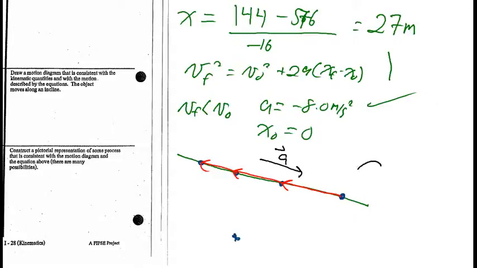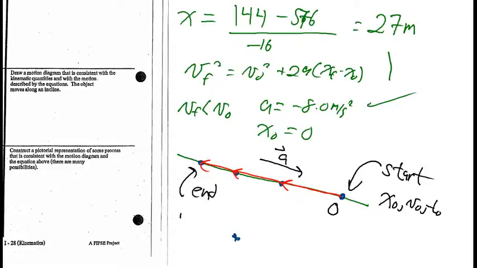We could start our problem at one of these dots, and we could call that the position 0, so it would have an x0, v0, and a t0, and we could end our experiment at any one of these other dots, and we could just call that arbitrarily dot f for final, and it would have a final velocity, a final position, and a final time.